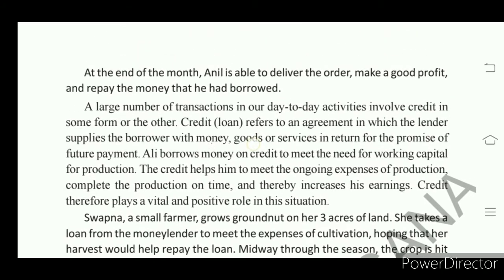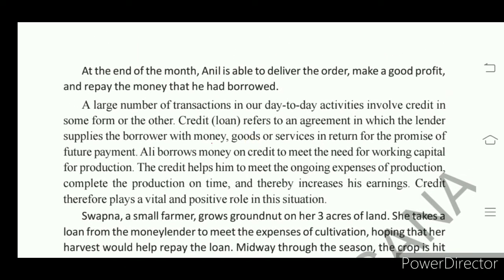So by the end of the month, Anil is able to deliver the order. What is the order? 3,000 pairs of shoes, and those 3,000 pairs of shoes he supplies to the big trader who is in town, and with that he gets some good profit and repays the money that he had borrowed.